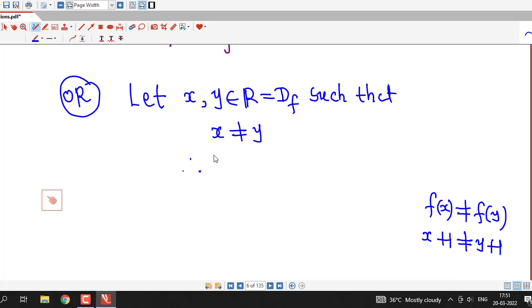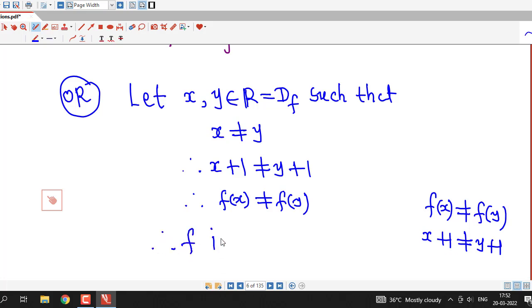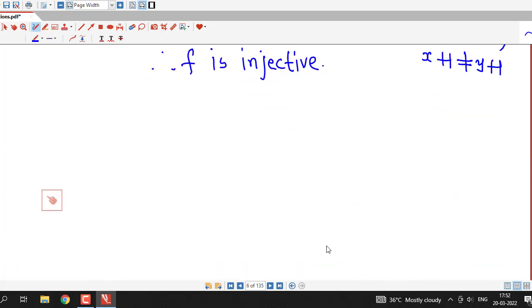Now here x and y are different, so if we add 1 on both the sides, then also we have this inequality. Now this x plus 1 is nothing but f(x) and y plus 1 is nothing but f(y). So we have taken two arbitrary elements x and y in the domain of f such that these elements are distinct, and we proved that their images are also distinct. Therefore f is injective.